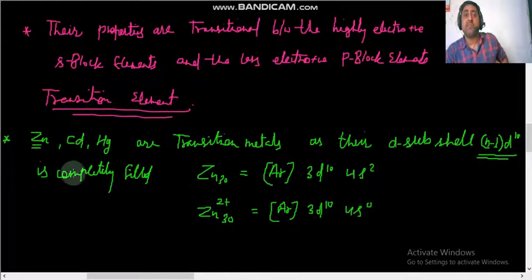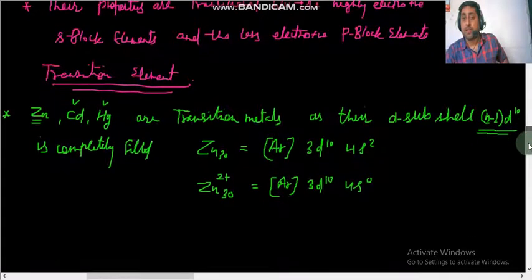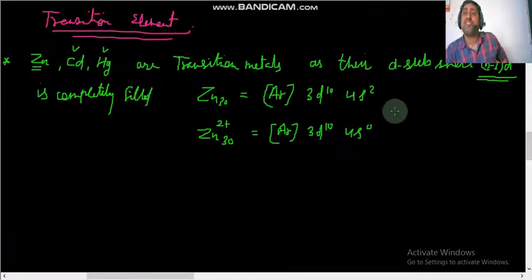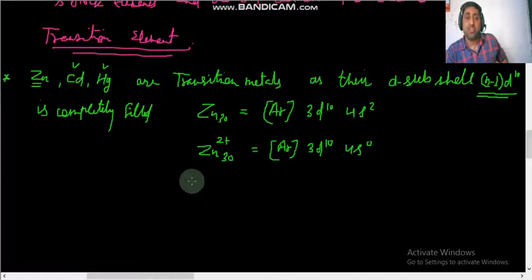Similarly, cadmium and mercury are also not considered as transition elements, though we study them along with the transition elements.